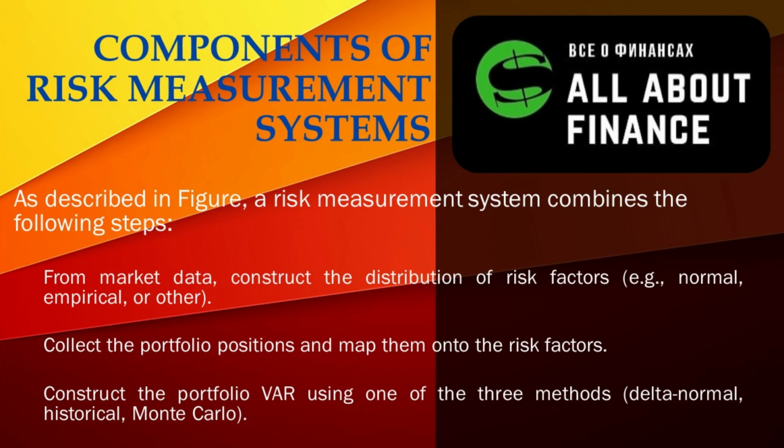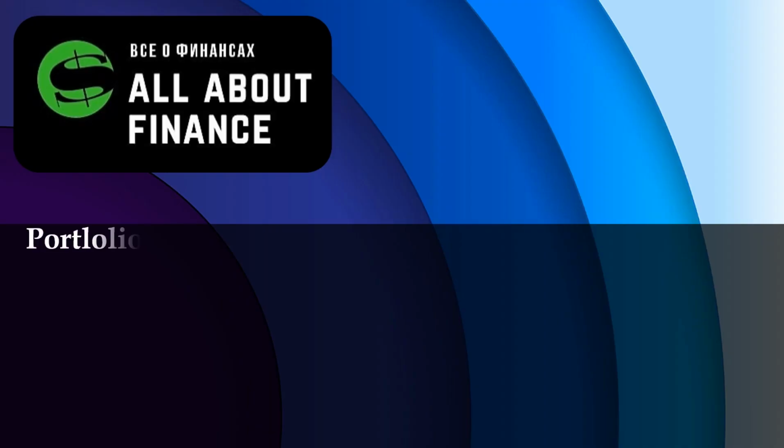Second step is to collect the portfolio positions and map them onto the risk factors. And third step is to construct the portfolio VAR using one of the three methods: delta-normal, historical, and Monte Carlo. The last one is types of the VAR.